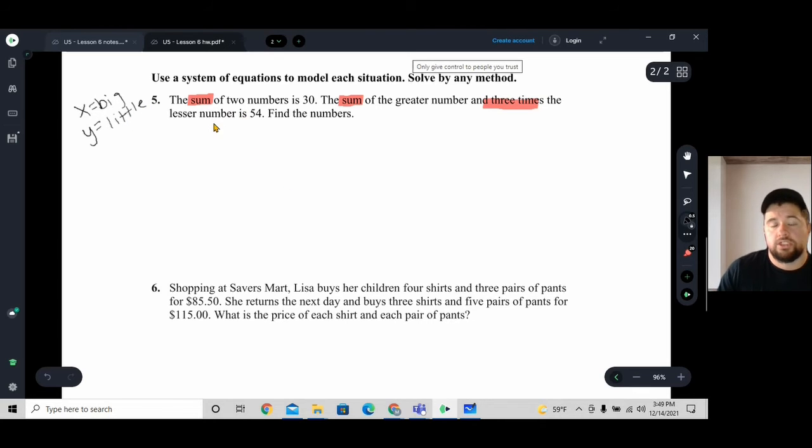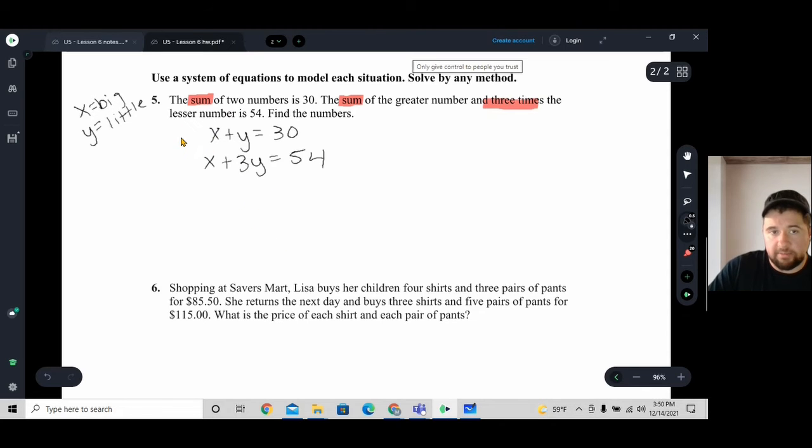Okay. So the sum is 30. So my first equation, X plus Y equals 30. My second equation, the sum of the greater number, so X, and 3 times the lesser, so 3Y, equals 54. Okay, find the numbers.